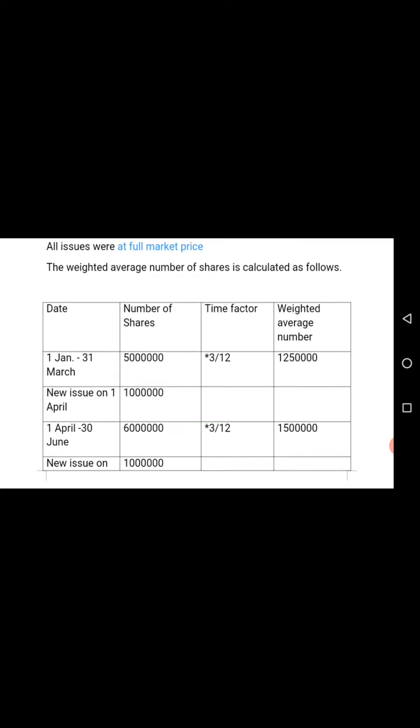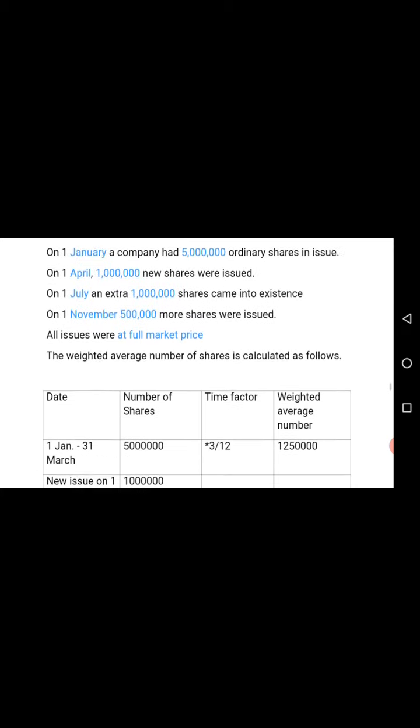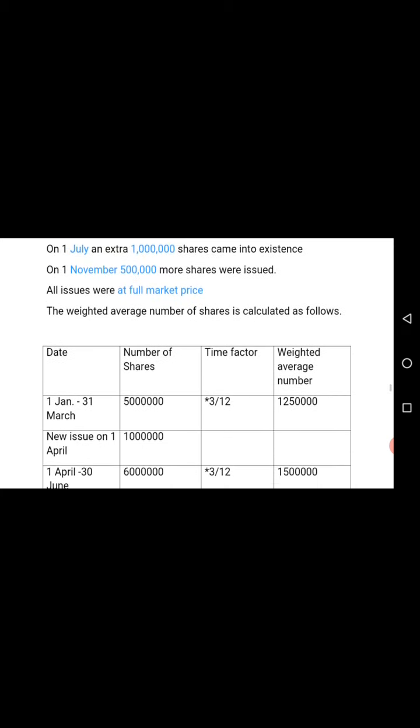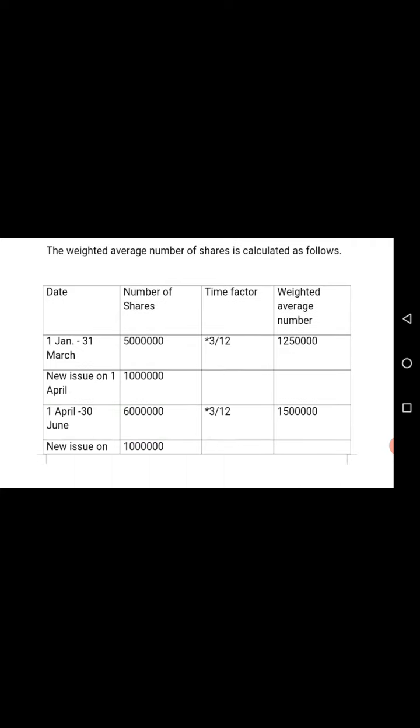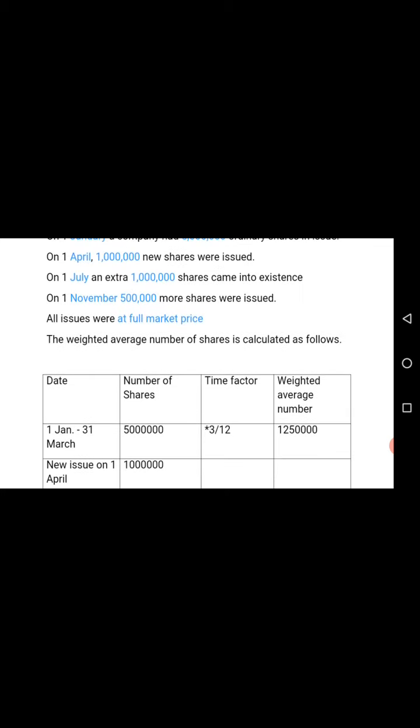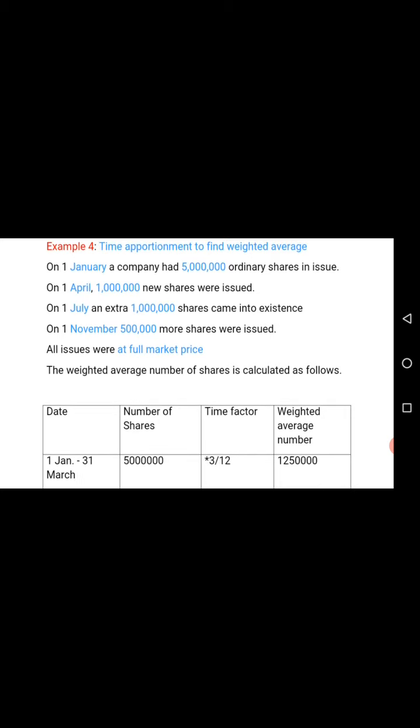Then on 1st April, we issued 1 million extra, as in the question here. Total number of shares from 1st April became 6 million, 5 million plus 1 million. And we still issued in July, so the period for which we had 6 million shares starts from April, May, June.